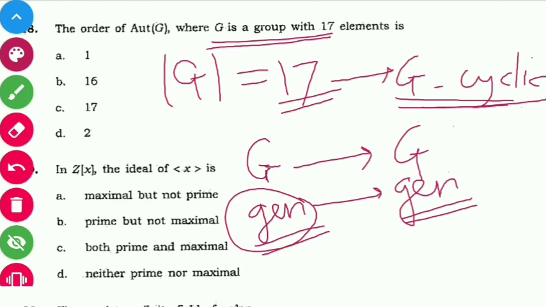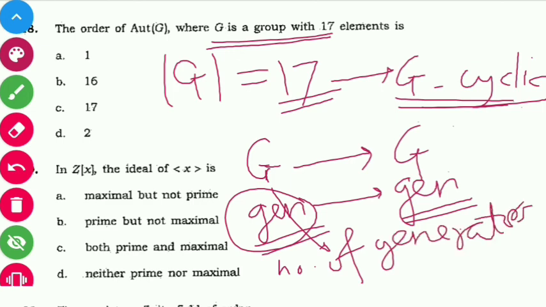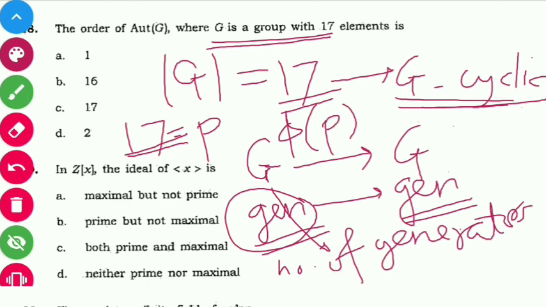So this is just same as you just find out the number of generators. Now this is a cyclic group of order 17, and it is p, na, so a prime. So this gives us phi of p, which is equal to phi of 17, are the number of generators.